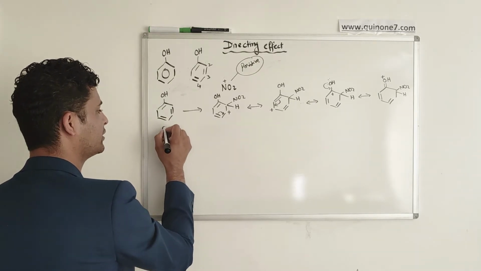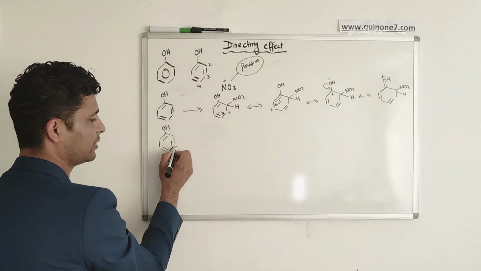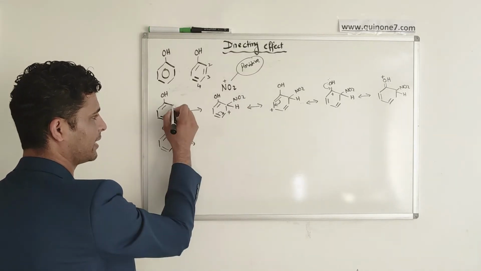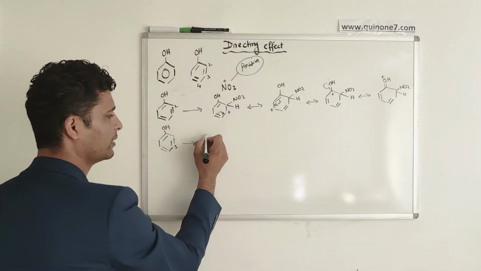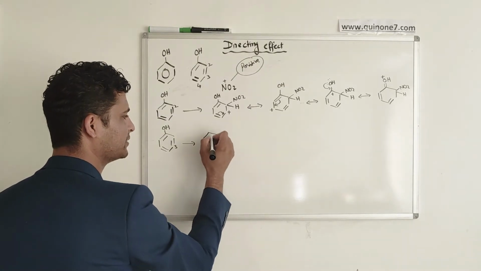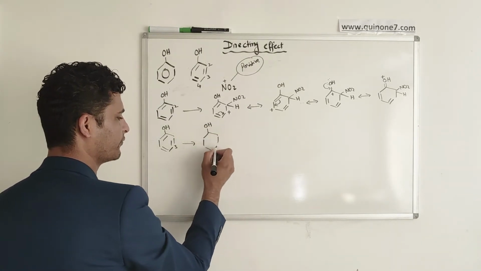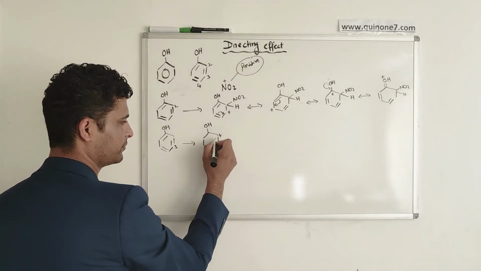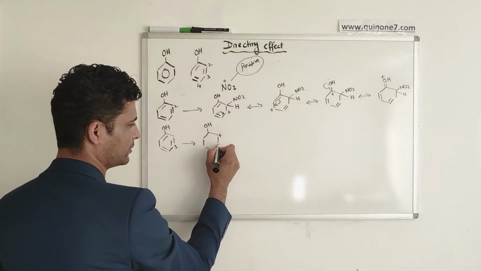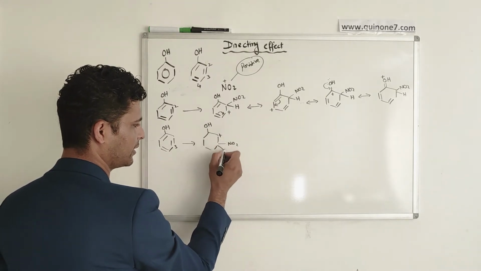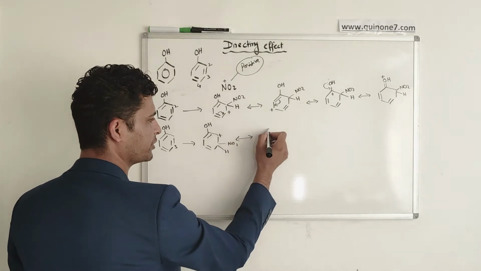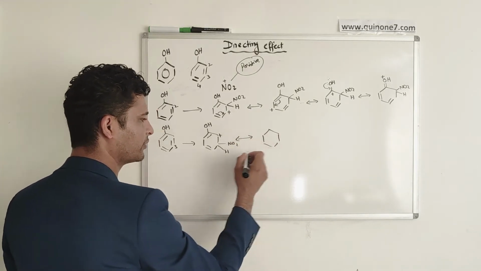Now we're going to look at another possibility. We are not actually saying what is going to happen. We are looking at the possibility that the NO2 group will attack at number 3 position. In this case, the benzene ring will lose its positive charge there, and then you have NO2 there and hydrogen there. It doesn't matter where you draw these double bonds.